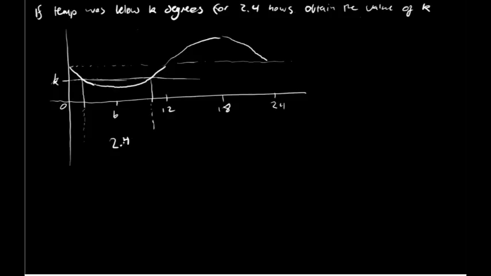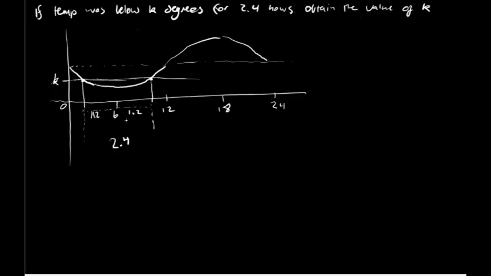If we work out what that is, using this information, we'll be able to work out what K is. The distance between 6 and the end point there, and 6 and the minimum point there, has to be half of this. So half and half gives us 2.4, so this should be 1.2 and 1.2.